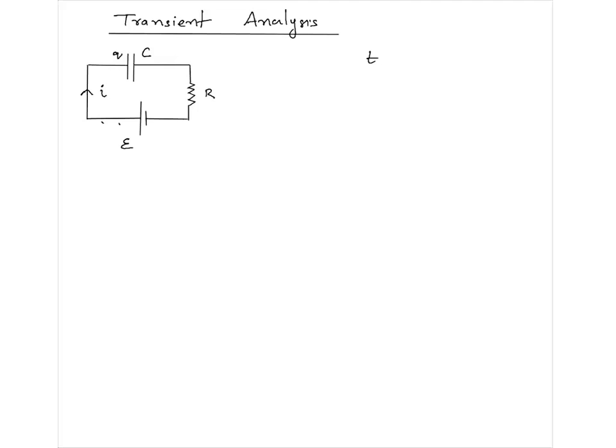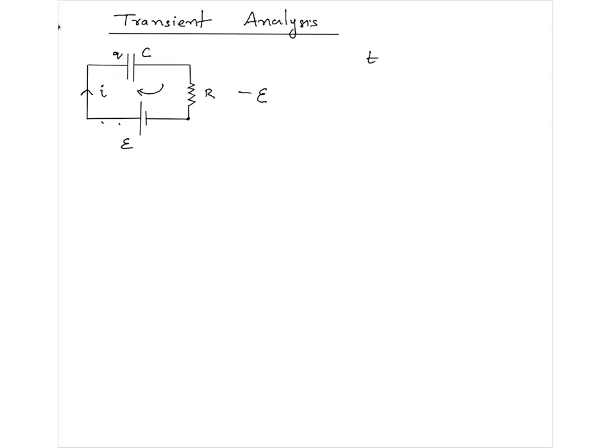Now we can apply Kirchhoff's law if current is flowing. So let's walk from this point going clockwise. Minus to plus, we are going from lower potential: minus E. Then we are going from the positive plate to the negative plate.